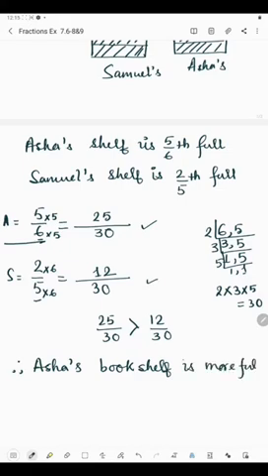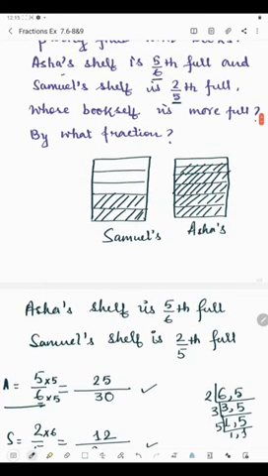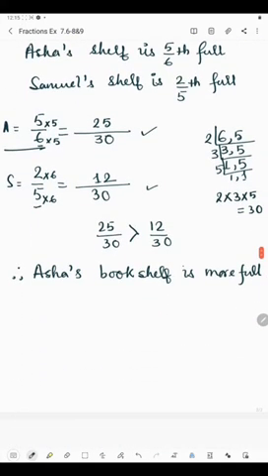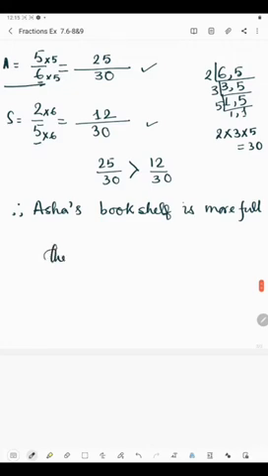Now we will have to find by what fraction. When comparison comes, we will do the subtraction. So we can find the required fraction by subtracting these two. Since we will subtract these two, we will write the bigger number at first.